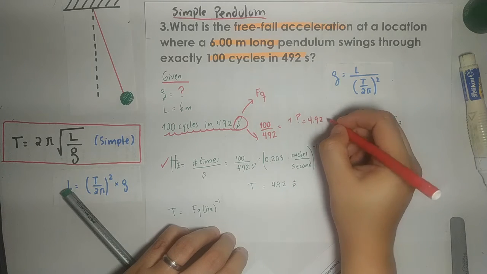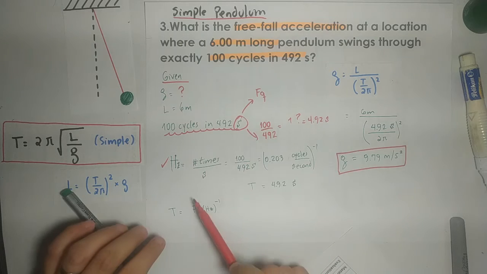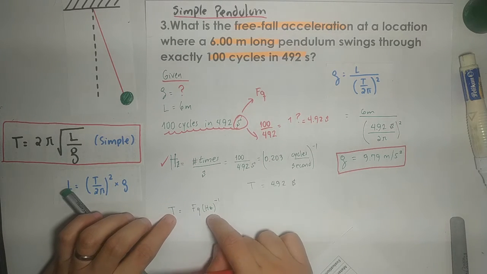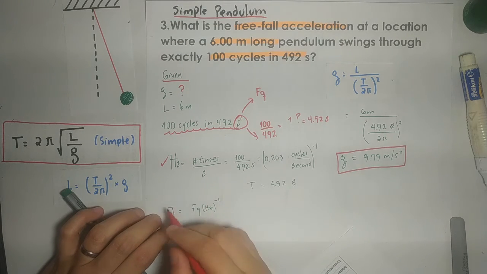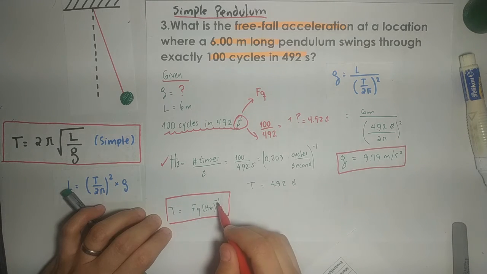You can do it in many ways, and the one that I recommend is this, because the period you can do with the formula. Period is equal to frequency raised to the negative first power.